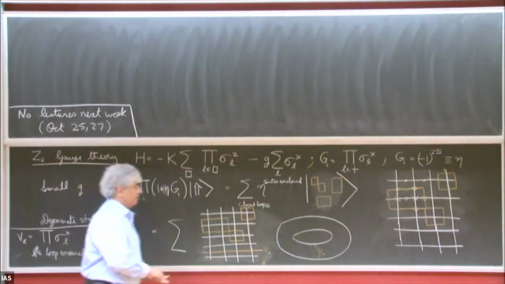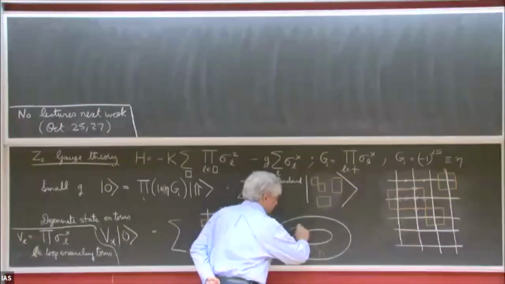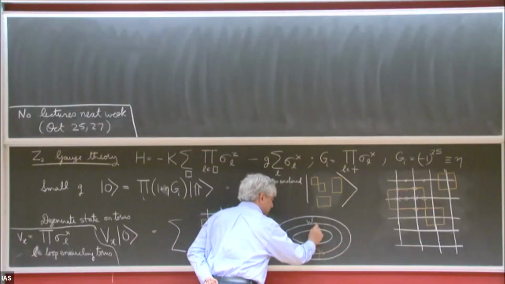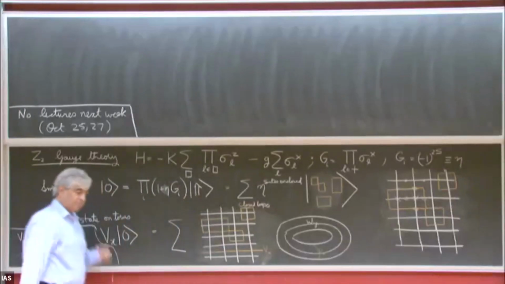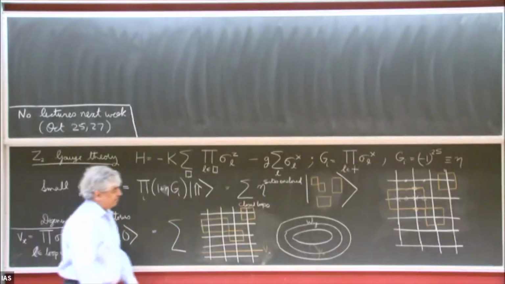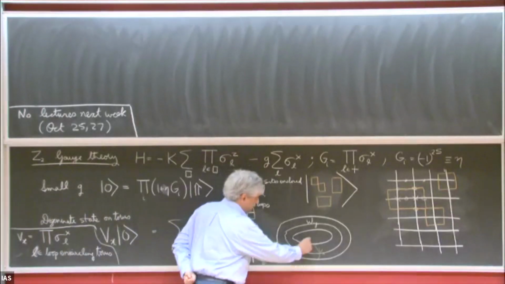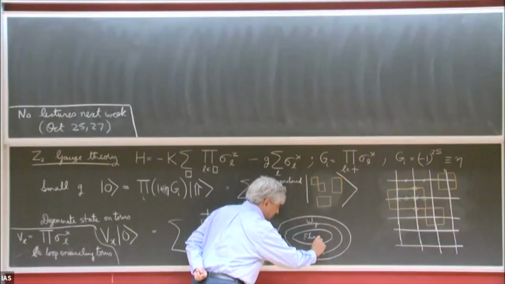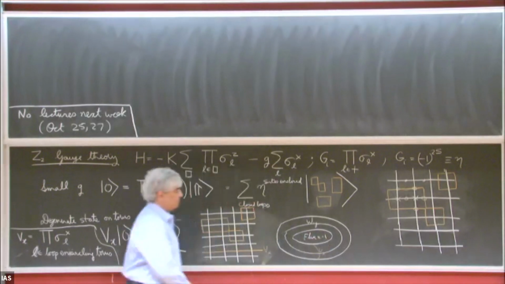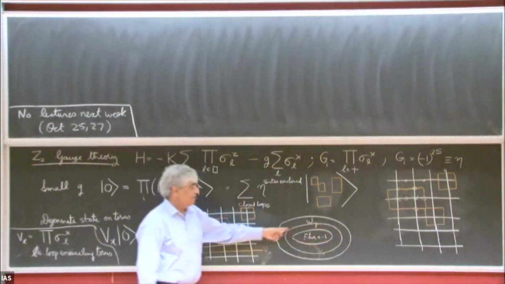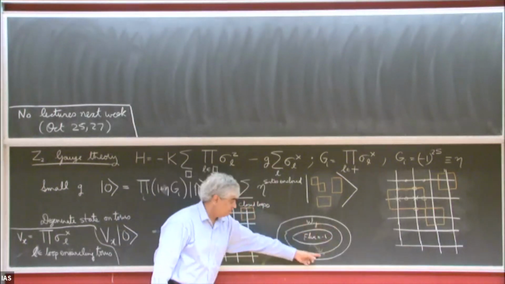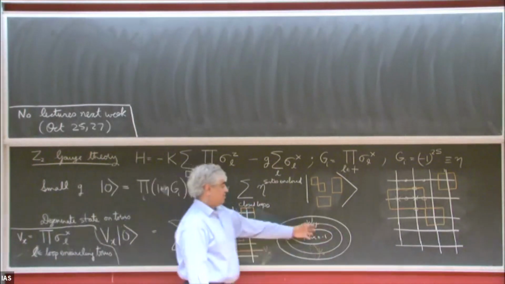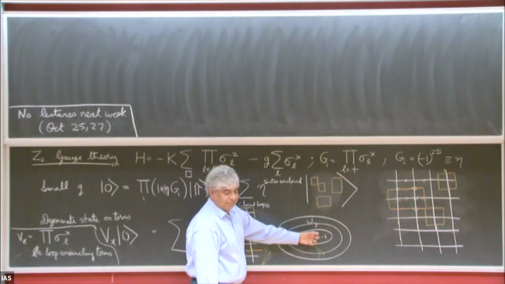But now if I take my other Wy, which is on the direct lattice, Wy, remember, was the product of sigma z, then what I've done is put a Z2 flux here through the whole of the torus. Wy is going to be -1, because Wy and Vx anti-commute with each other. And so I have a state with flux -1 through the whole of the torus.